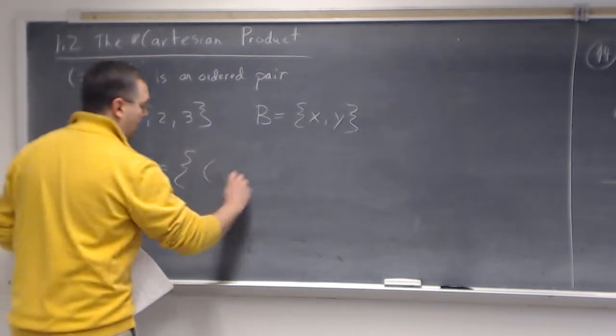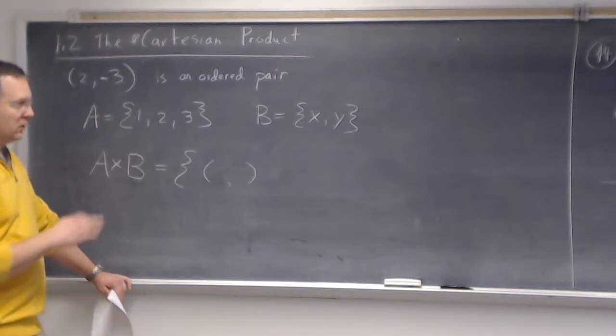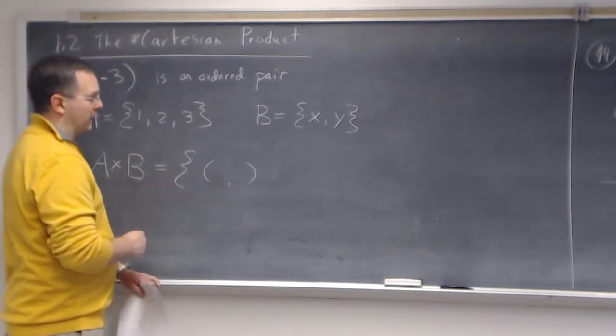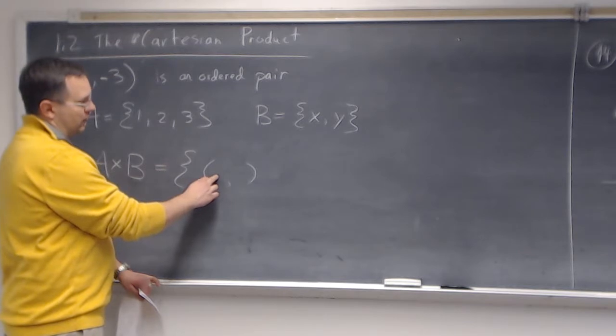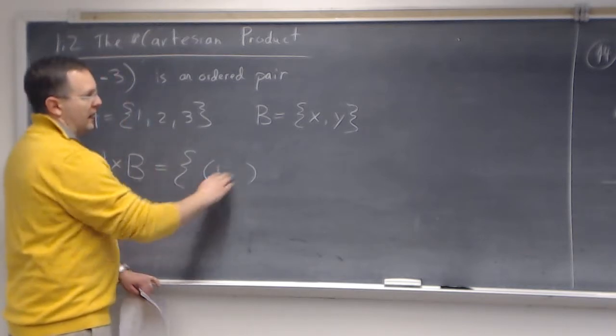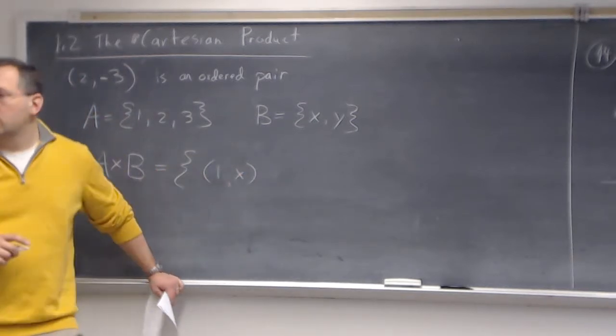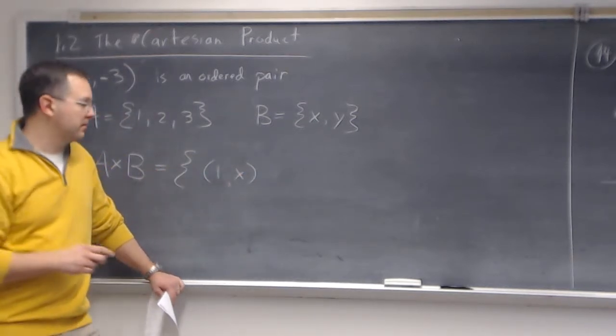Okay? So every element inside A cross B has a set of parentheses separated by a comma. I'm going to take first coordinates from A, like 1, and the second coordinate is going to come from B. So (1, x) is an element of this Cartesian product.